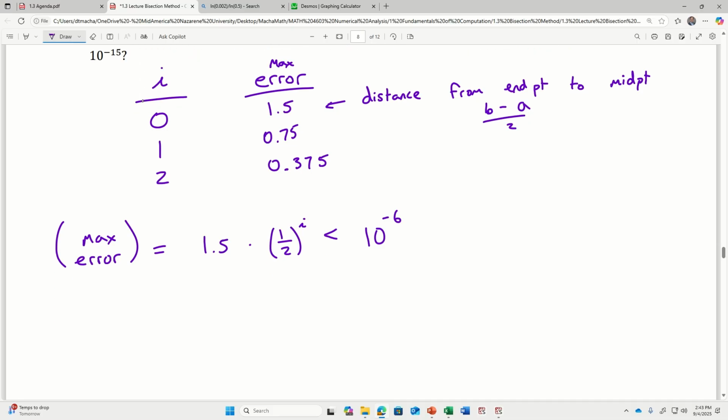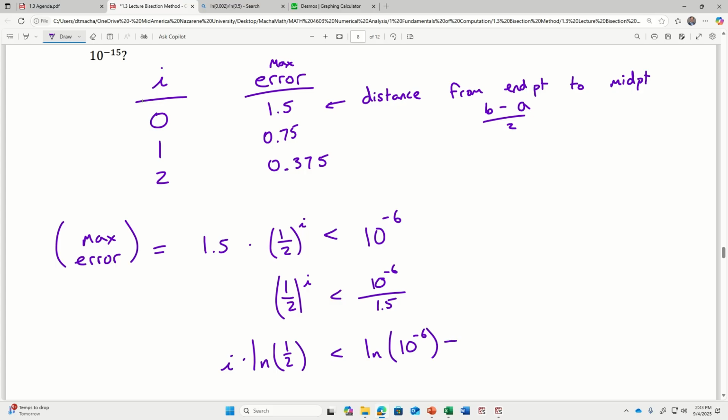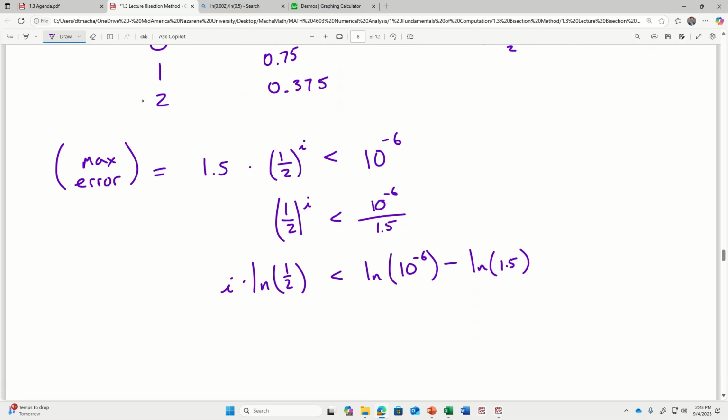We do the same thing we did before. We're going to divide both sides by 1.5. Then we're going to take the natural log of both sides. And then we're going to divide both sides by natural log of half.